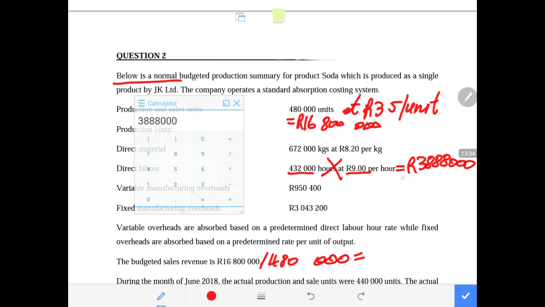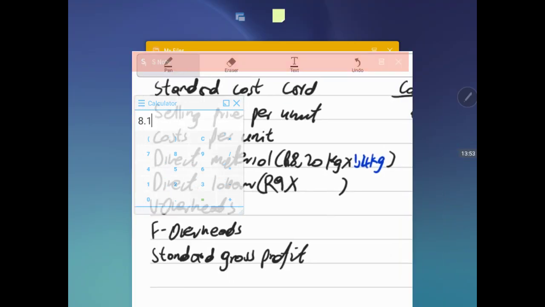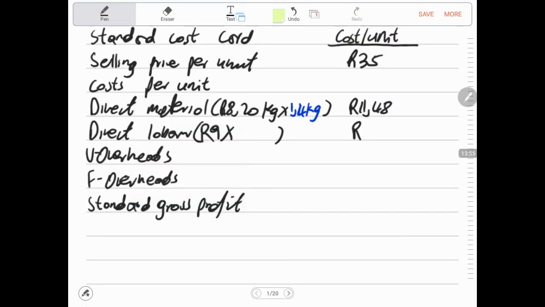Meaning if we divide the total cost by the total number of units that we want to manufacture, this will give us the cost of labor per unit. So we divide this by 480,000 units. This will give us 8 rand 10 cents, and 8 rand 10 cents will be the cost of labor per unit. So now we go and substitute this in our standard cost card.